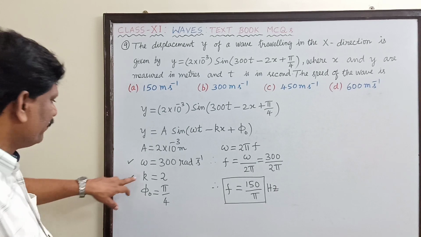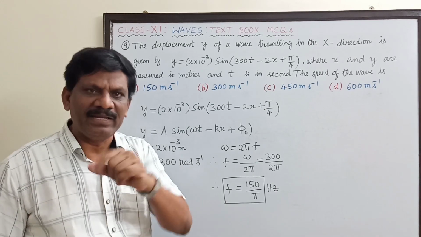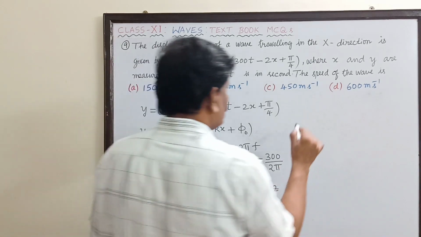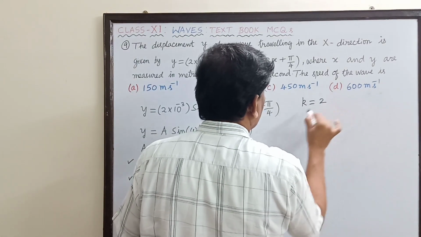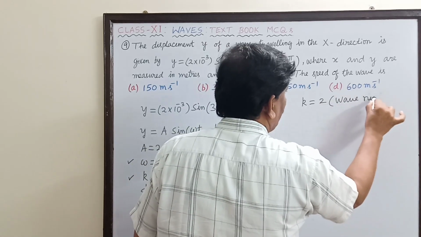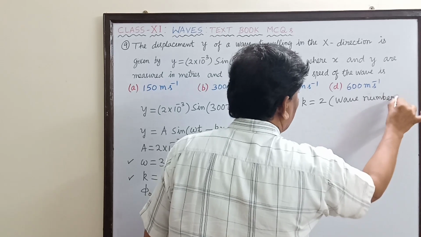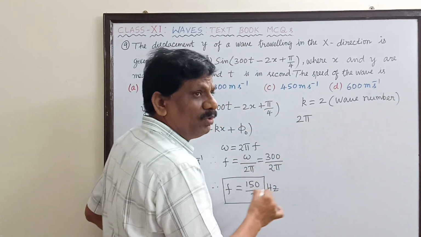Next, what is the value of k? k is equal to 2. k means what? It is the wave number, is it not? So here k is equal to 2. The wave number is the number of waves per unit length. So this is also the number of waves in an interval of 2 pi.